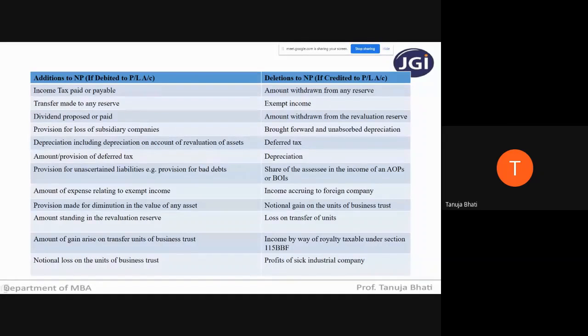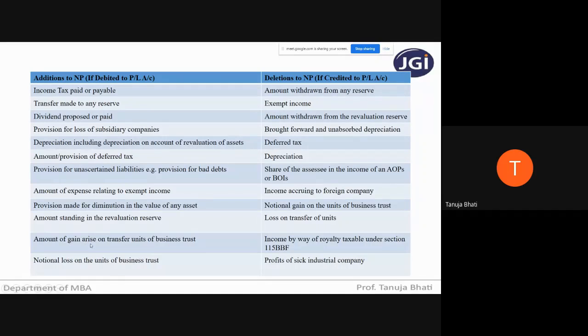Amount standing in the revaluation reserve. We know that the profit shall be increased by the amount standing in the revaluation reserve relating to the revalued asset on the retirement or disposal of such asset. So students, if any amount is standing in the revaluation reserve and it is debited to the P&L account, please add it back to the net profit.